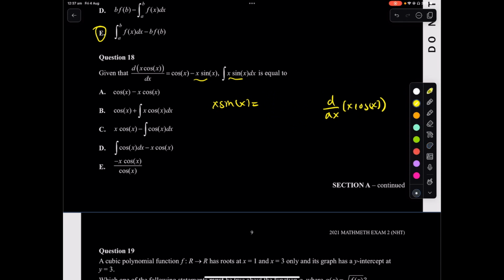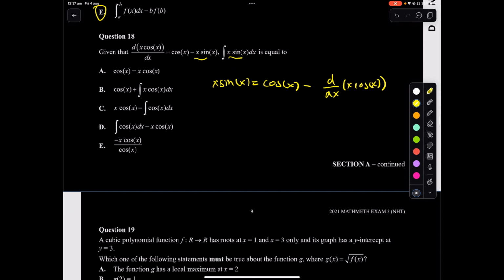It will be cos x minus this. And I want to find the integral, so the integral of d/dx will cancel out with the integral, so it'll be x cos x. And that's basically dx over there. So that looks like your answer for this one.